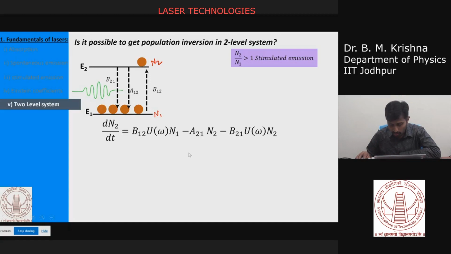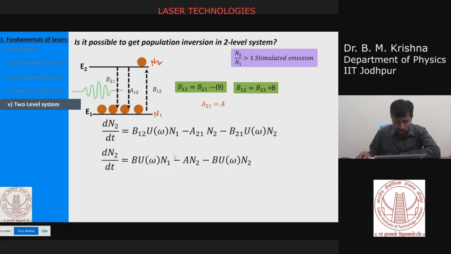Okay, so now we know the condition, your B12 is nothing but B21, and I can call B12 equals B21 equals B for simplification, and I will call the A21 coefficient equals A. So now I substitute B and A, I will get dN2 by dt equals B u of omega n1 minus A n2 minus B u of omega n2.